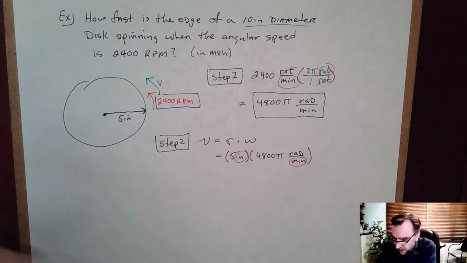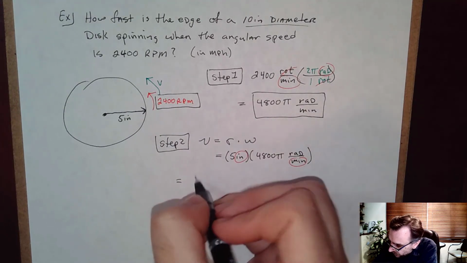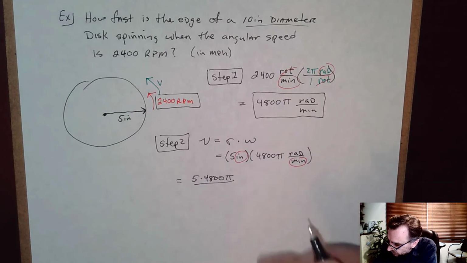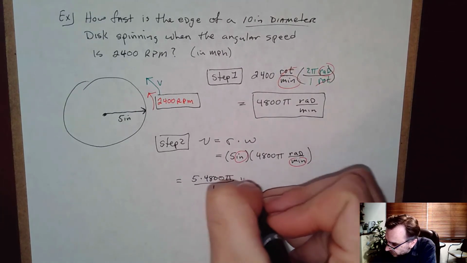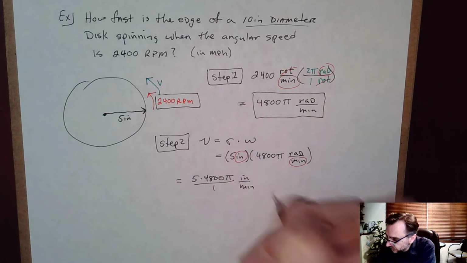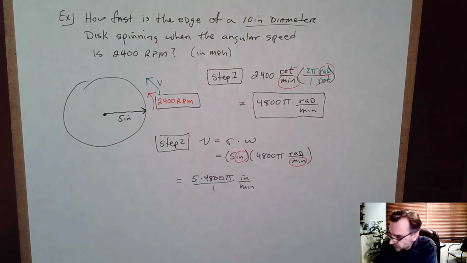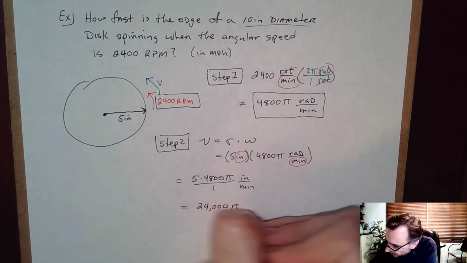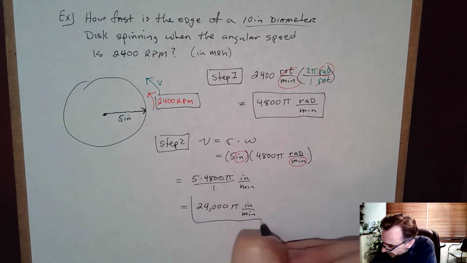And what we're left with is actually inches per minute. All right, so this is 5 times 4800 pi, I guess over 1 if you want, and that'll be inches per minute. Let me actually do that calculation. And I'm getting 24,000 pi inches per minute. Okay, so that's kind of my answer.